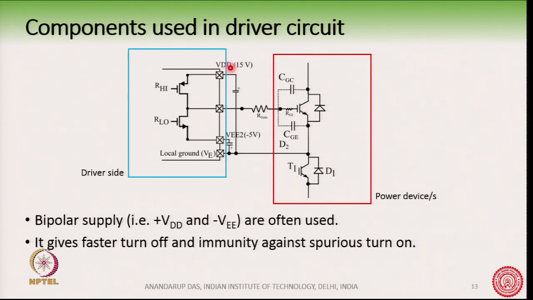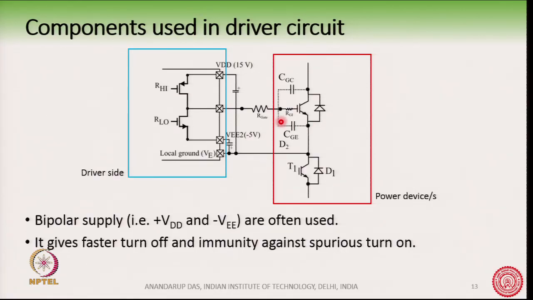Basically, we are charging this up through this RC. When we want to turn off the device, we will discharge the capacitor. The discharging will happen through this capacitor and this resistor, and like this the circuit gets completed.